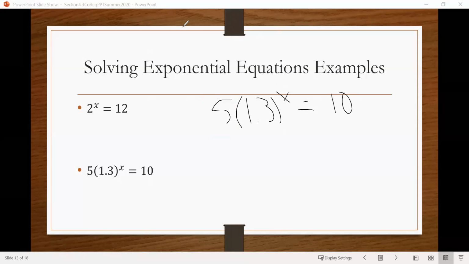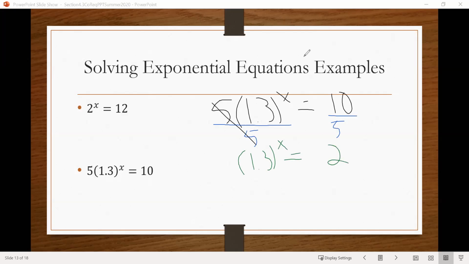So we have to isolate the exponential term. And notice that we have 5 being multiplied by that exponential term, so it's 5 times 1.3 to the x. To isolate the exponential term, we'll divide by 5 on both sides. It'll cancel out the 5s on the left. So we have 1.3 to the x equals 10 divided by 5, which gives us 2.